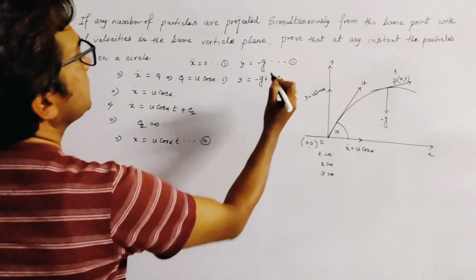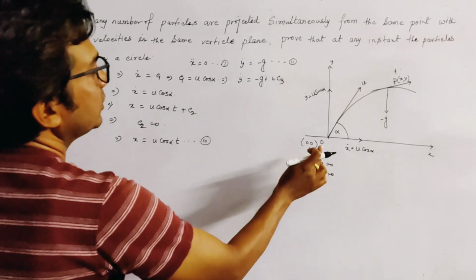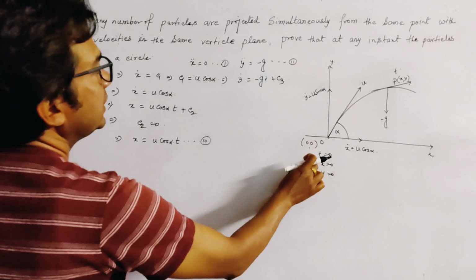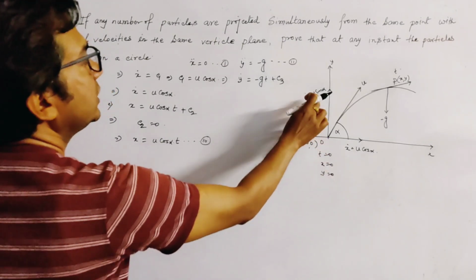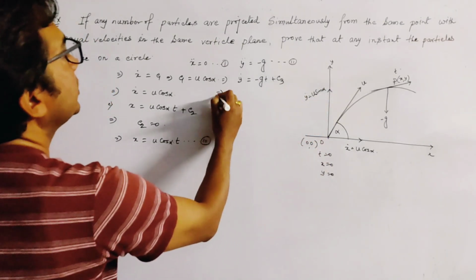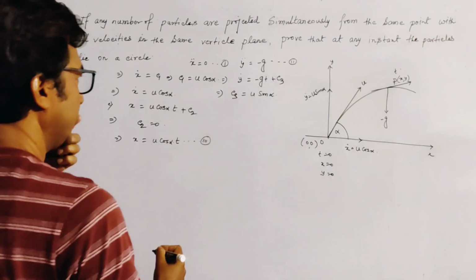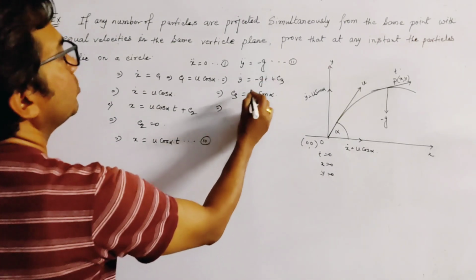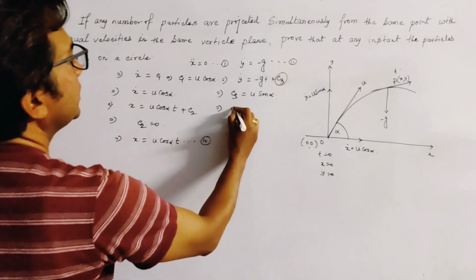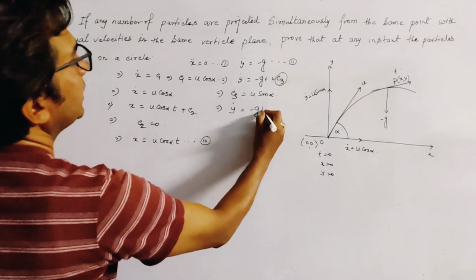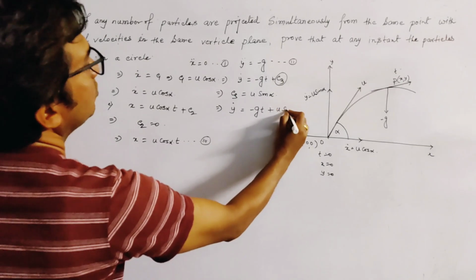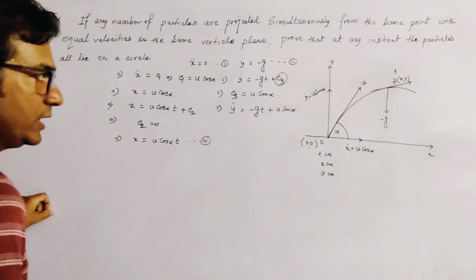And from the second relation, by integrating, we get y dot equal to minus gt plus c3. And using the initial condition t equal to 0, y dot equal to u sin alpha, we get c3 equal to u sin alpha. Putting the value of c3, we get y dot equal to minus gt plus u sin alpha.